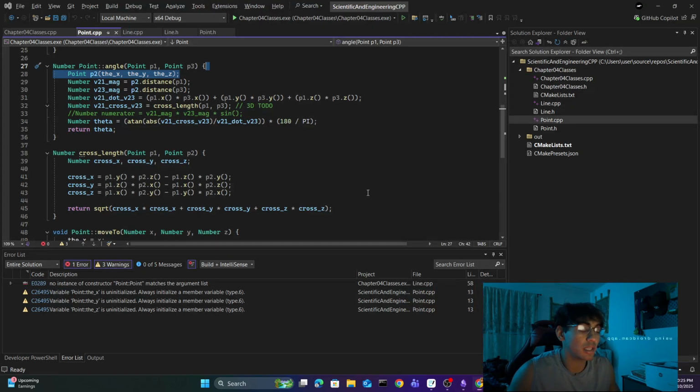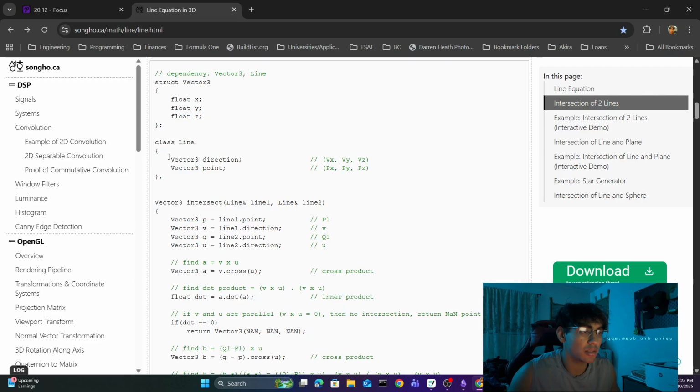I don't want to use a point class to make a direction vector because that muddies the definition of point, because a direction vector is not a point.